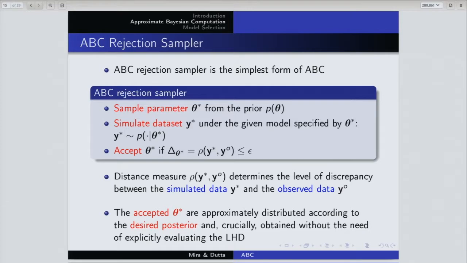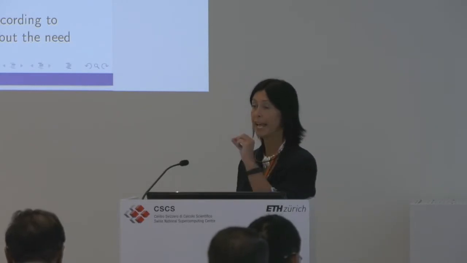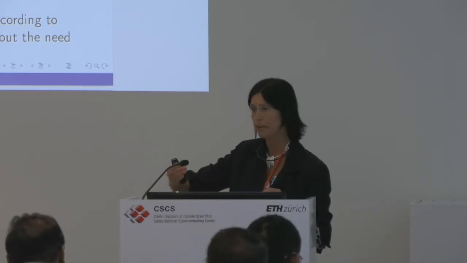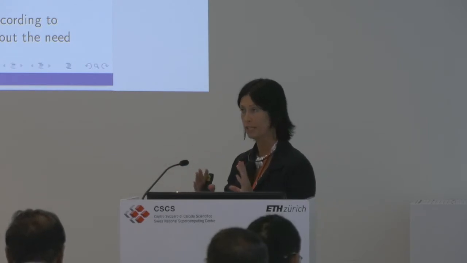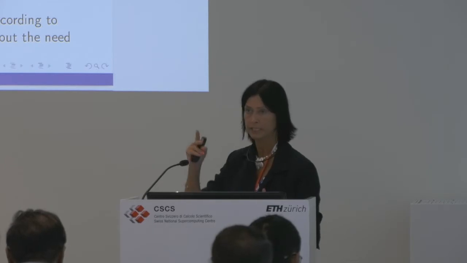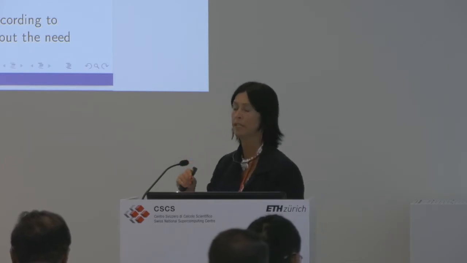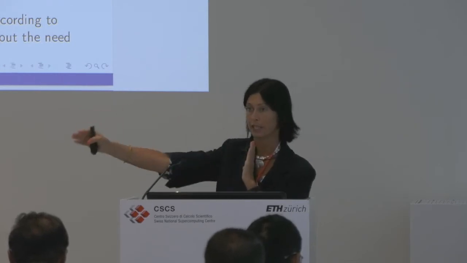Some of you might be familiar with Markov chain Monte Carlo simulation, like the Metropolis algorithm, the Gibbs sampler, and so on. In all these algorithms, you need to evaluate the likelihood or the posterior at any given point. You propose a value, and then you accept or reject. And in order to accept or reject, you need to compute the acceptance probability, the alpha. And in that acceptance probability, you always need to evaluate the distribution that you are targeting.